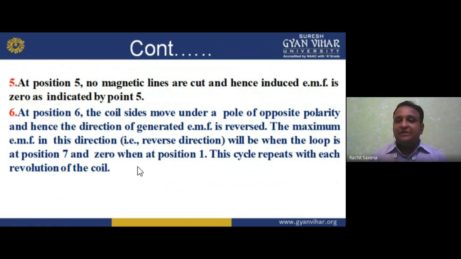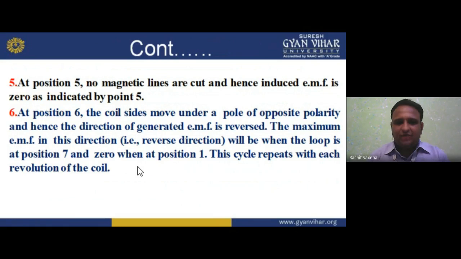This cycle repeats with each revolution of the coil. Now 360 degrees is one rotation, one revolution, of the cycle. Then we have 720, then 1080, then 1440.